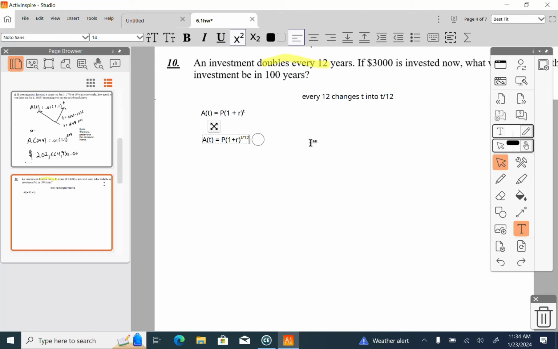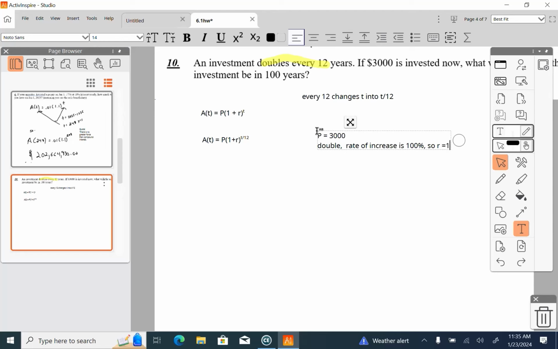And we're just going to plug in some stuff. I can read, so I notice the principal is 3,000. I'm going to double. So this is going to surprise you, but if you double, your rate of increase, and some kids really struggle with this, is 100%. It's not 200%. It's 100%.